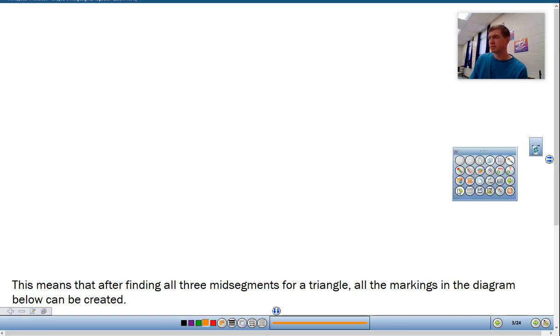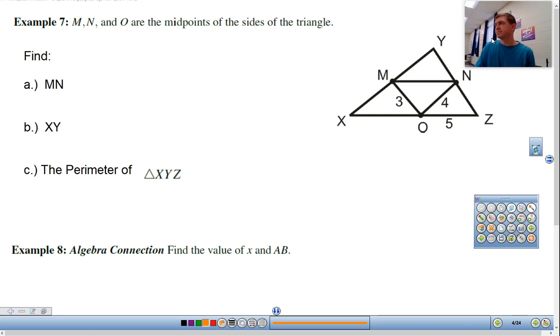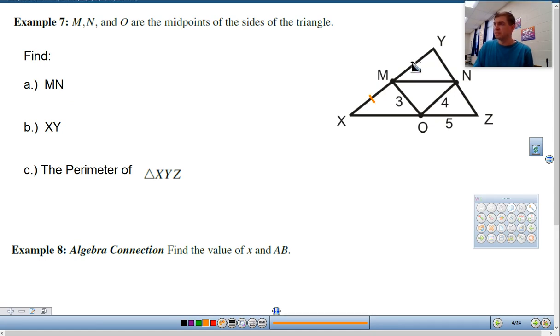All right, let's try to apply this now. Example 7, M, N, and O are the midpoints of the sides of a triangle. Find MN. Well, let's first make some markings here.